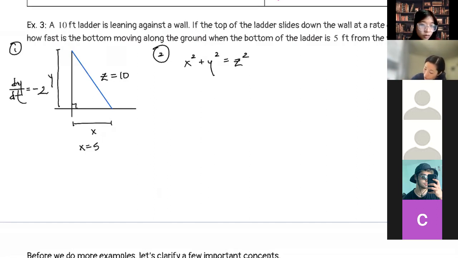We are now going to take the derivative with respect to time. So that's going to give us 2x dx dt for the first term. What will that give us for the y squared term?